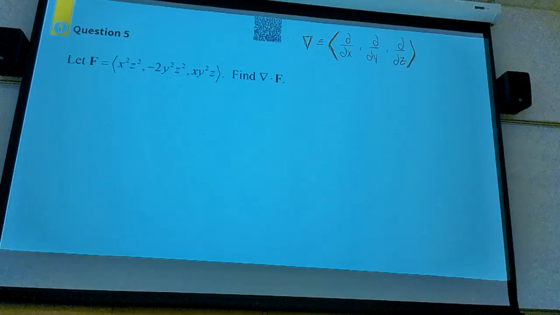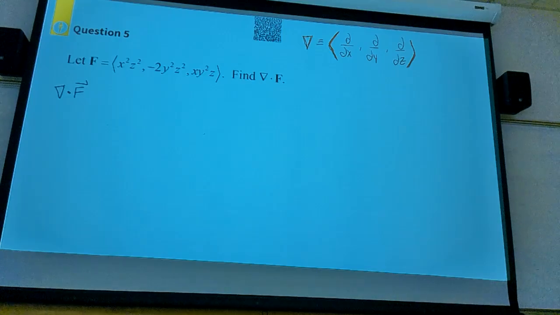That's the del operator in 3 dimensions. Technically speaking, there should be an arrow with a del too, but kind of just not.